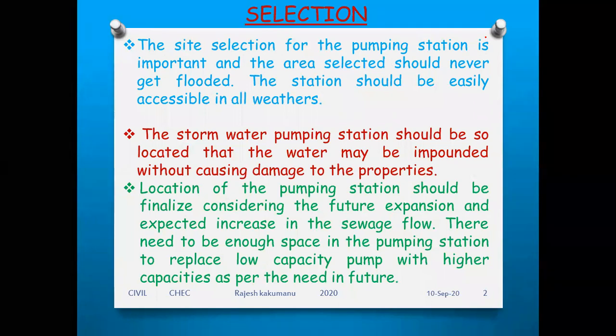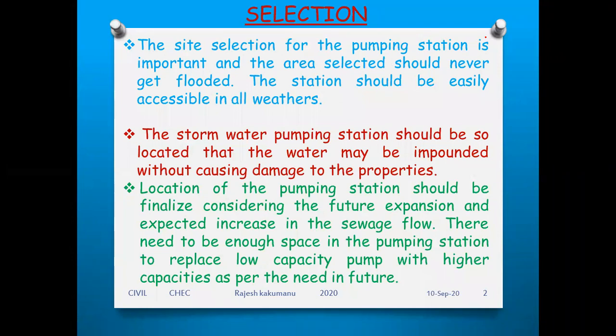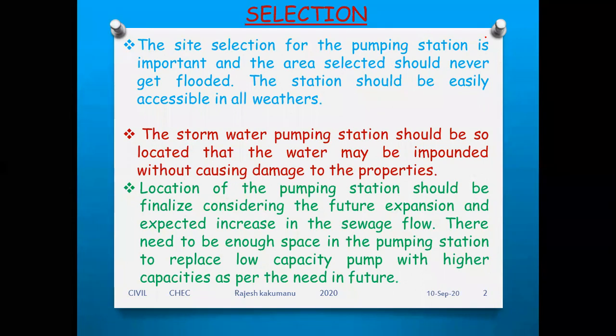The station should be easily accessed in all weathers. Whenever you are choosing the site location for the pump, it should be placed at a height from the ground level, and it should be accessible in all conditions, on all days of the year.